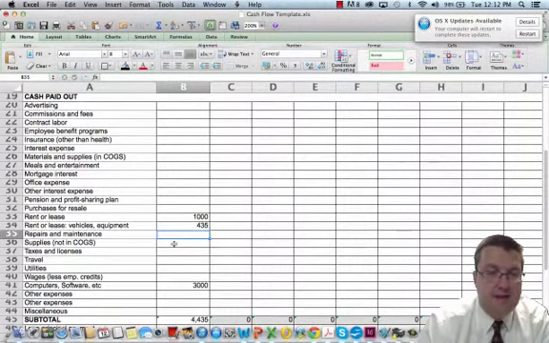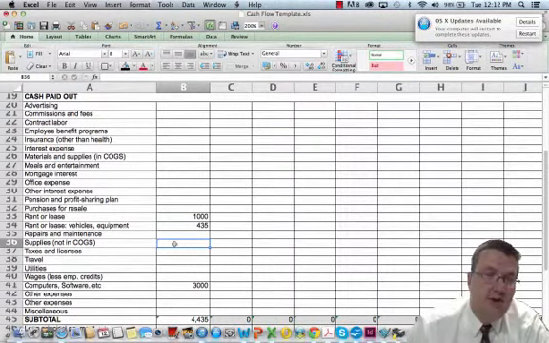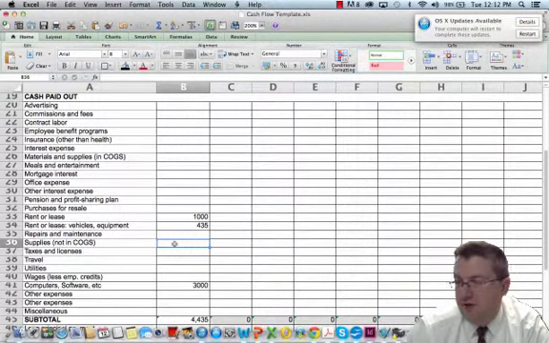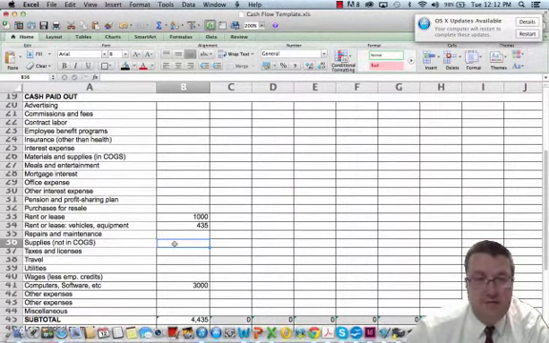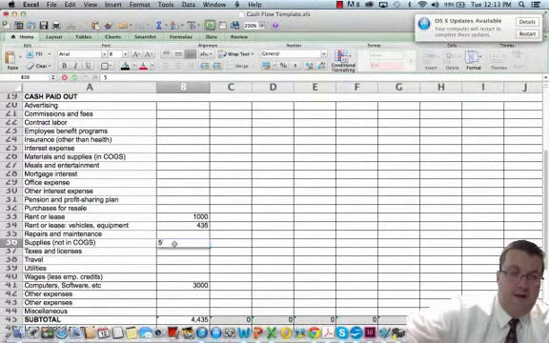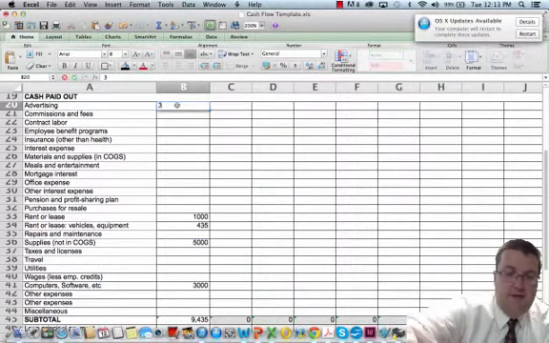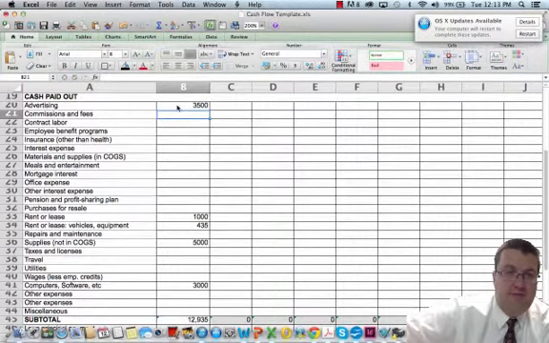Any supplies that I think I'm going to be spending that are not involved in the resale of the product, so these supplies don't go into the cost of goods that I'm producing, could be anything else that isn't deemed those items. Let's say for startup, I'm going to have another $5,000 in there. I'm going to start advertising. We're going to spend $3,500 in advertising.